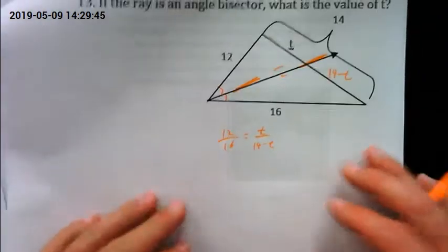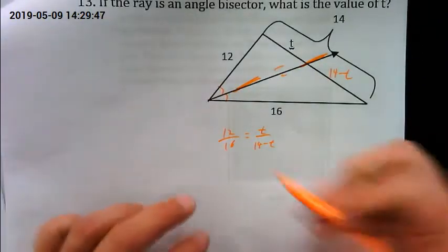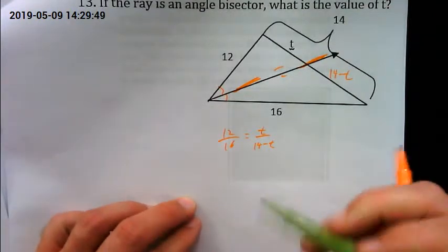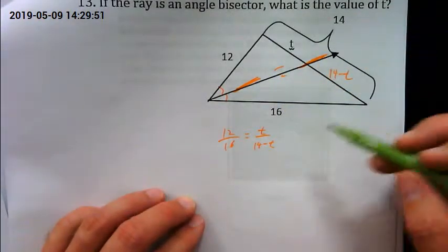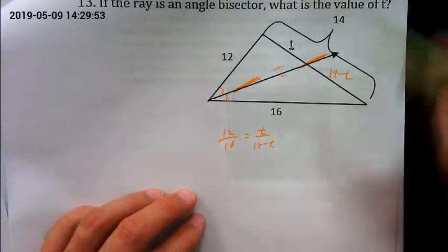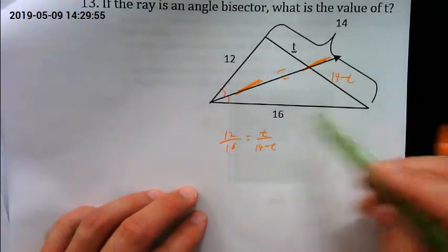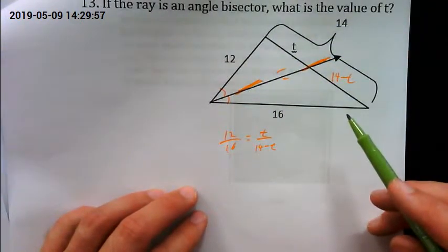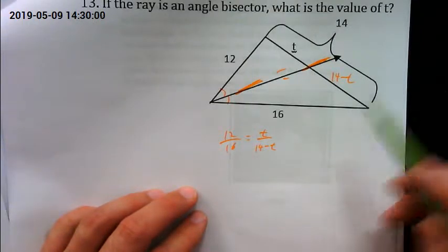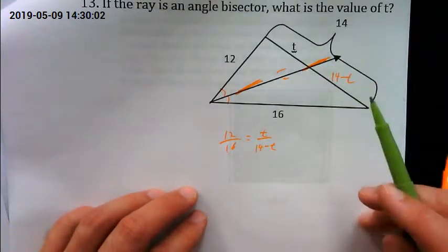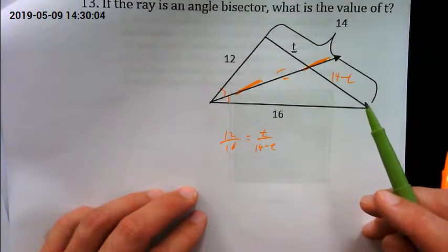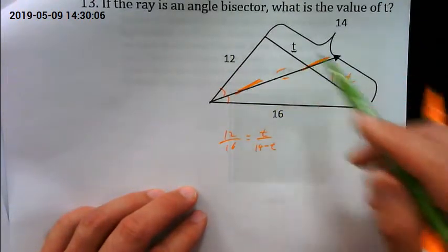So I know I didn't give you guys a chance to try this one on your own, but again, the property for this one is when we have an angle bisector, the sides of the angle that is being bisected are proportional to the two parts of the side that's being bisected. So these two sides are proportional to those two pieces.